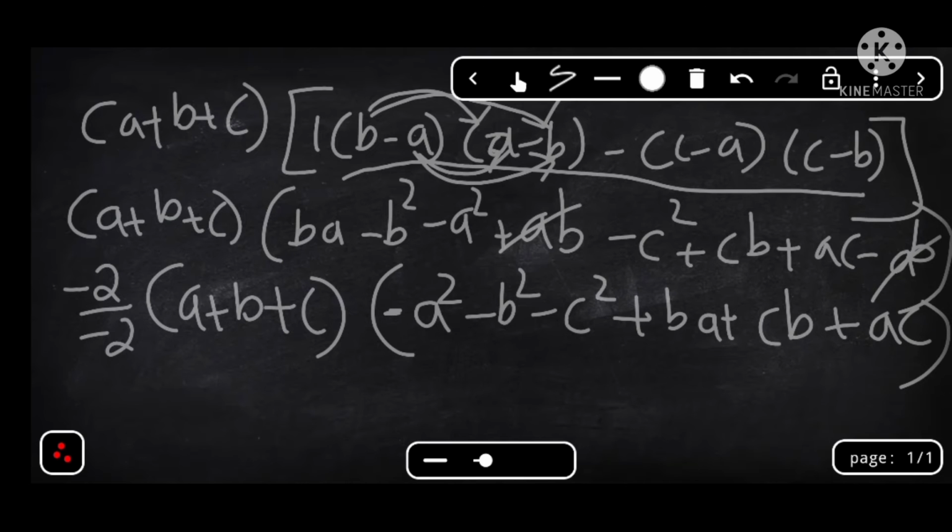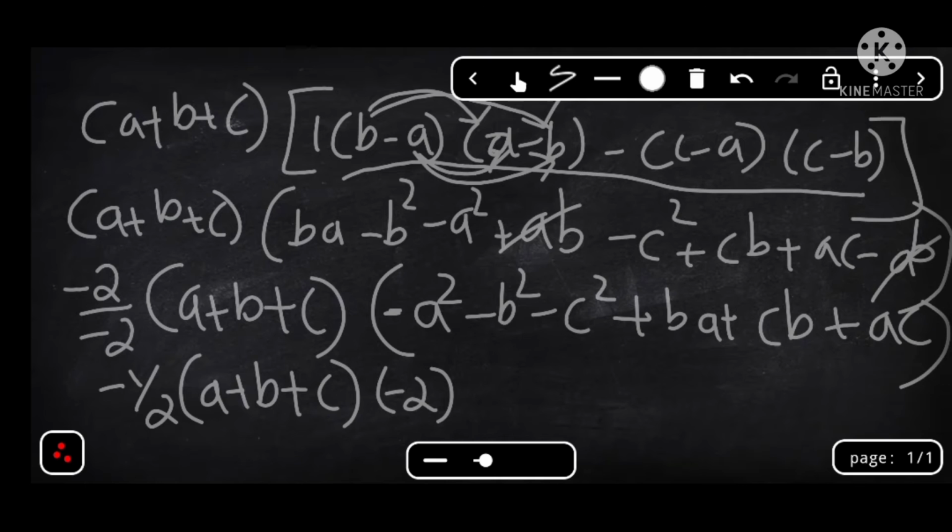Now minus 1 by 2 into A plus B plus C, minus 2, we are multiplying inside. 2a square plus, since it is minus 2, when we multiply with the negative elements, all will become plus.